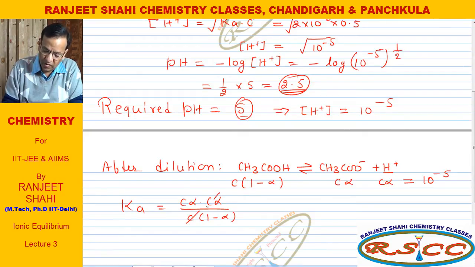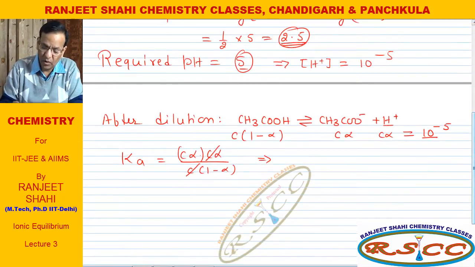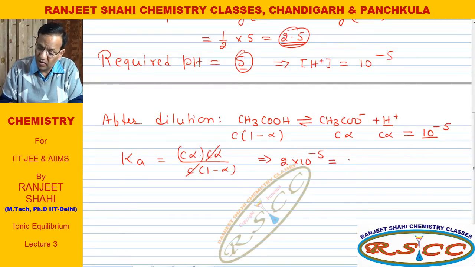If we cancel one C and substitute C alpha from here, we obtain Ka is 2 into 10 raised to the power minus 5, and that is equal to 10 raised to the power minus 5 multiplied by alpha upon 1 minus alpha.